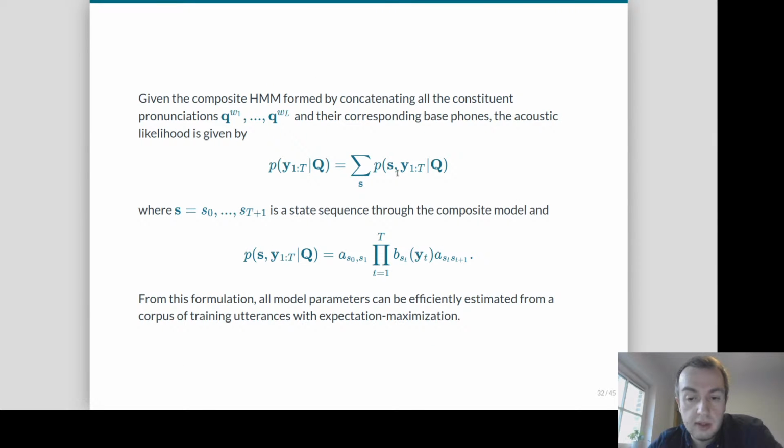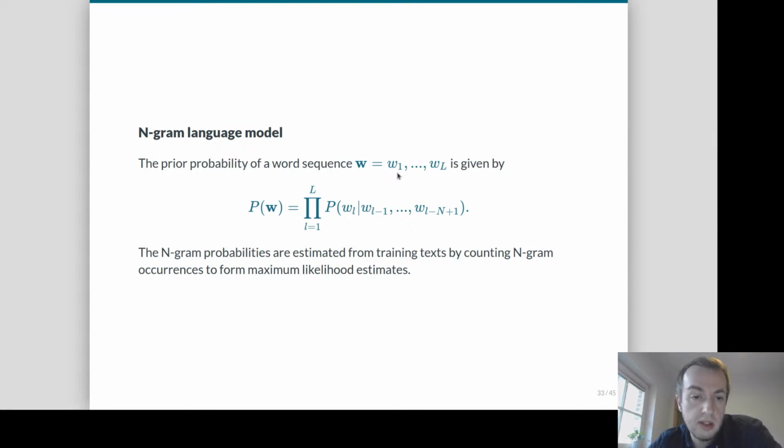All right. The last piece that we need is to estimate the language model that we need when we rewrote the conditional, or the posterior probability, in terms of this product of likelihood and prior. The prior probability of a word sequence W, made of L words, could for example be defined as follows.